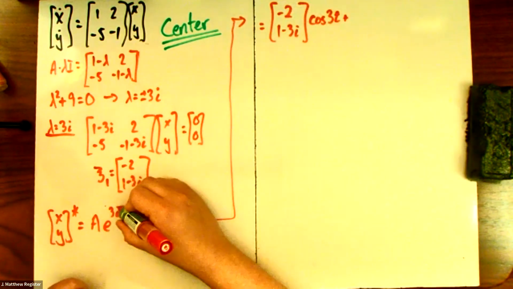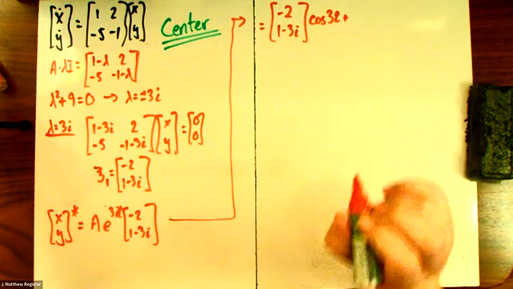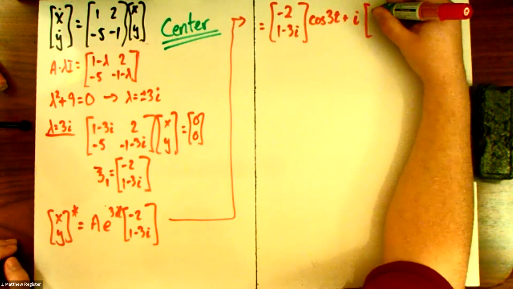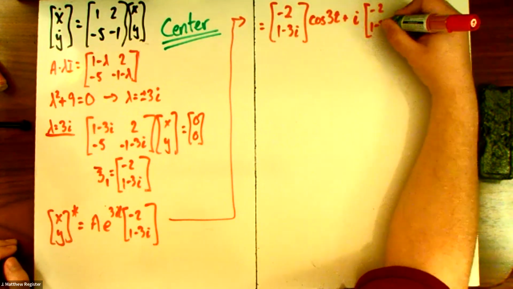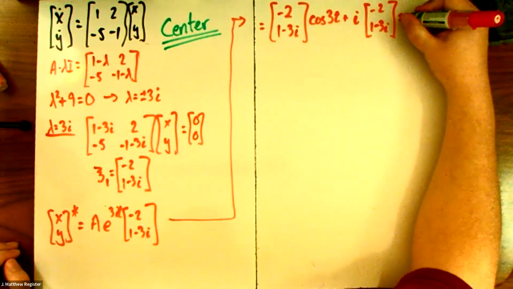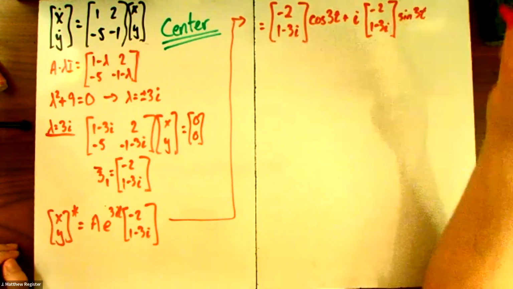Oh, and I dropped the t there. There should be a t there. There we go. Plus i, negative 2, 1 minus 3i, and then it's going to be a sine of 3t.